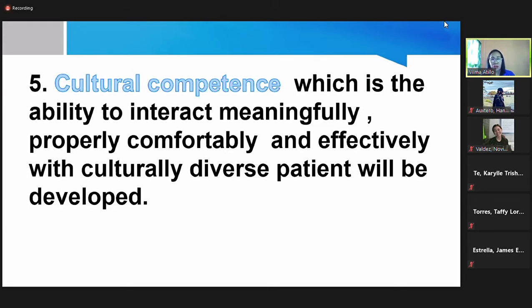So we have as nurses also, sabi nga nila, nurses are very toxic daw in the ward. I don't know, but perhaps because of the ratio of the patients. Sa Pilipinas kasi we have 1:30, 1:60.